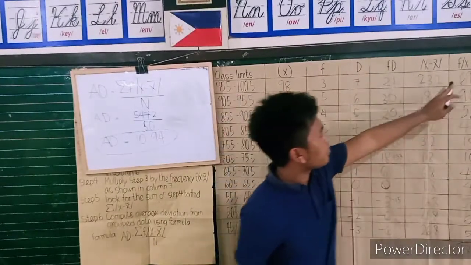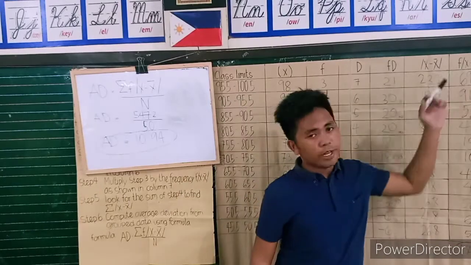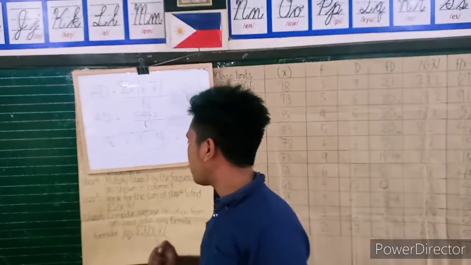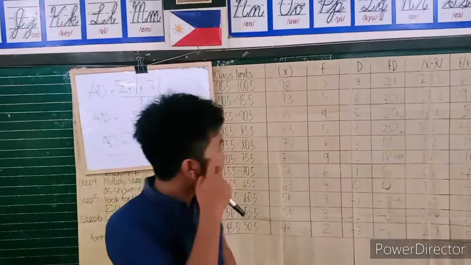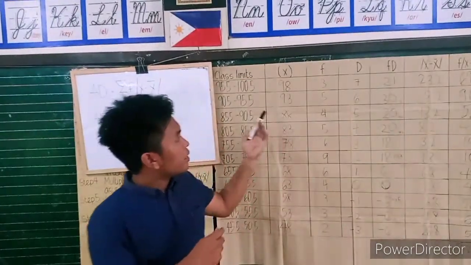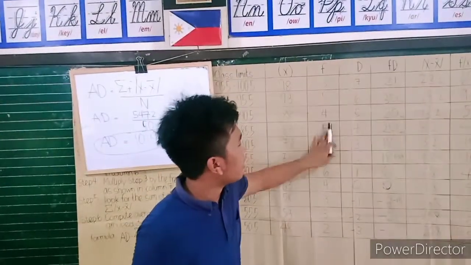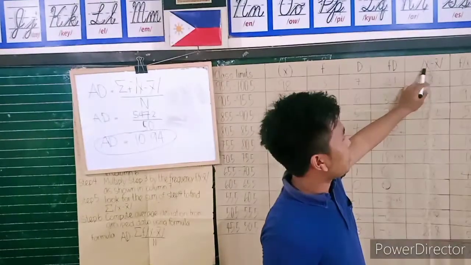So frequency, the number of scores minus the arithmetic mean. In step number 4, we need to multiply the frequency by the number of scores or midpoint minus the arithmetic mean.